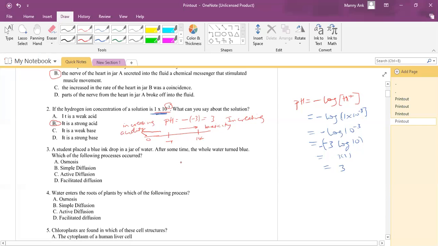So for number 3, a student placed blue ink drop in a jar of water. After some time, the whole water turned blue. Which of the following processes occurred? All right. So in this question, the answer is simple diffusion.